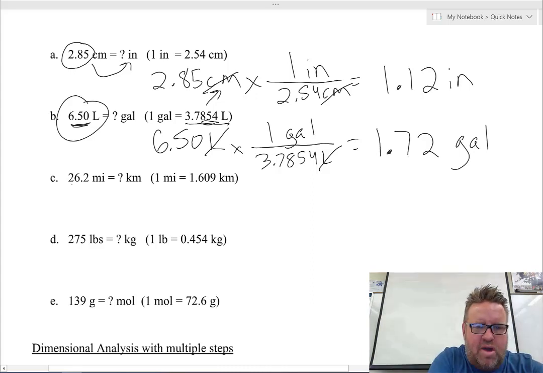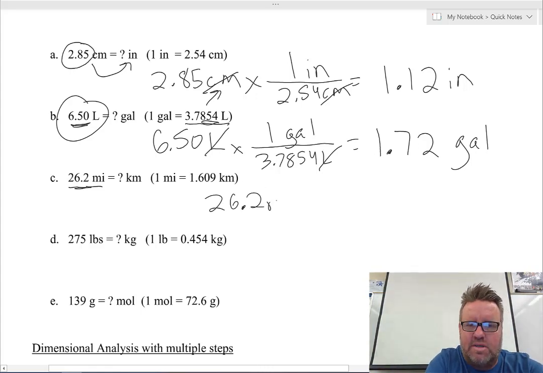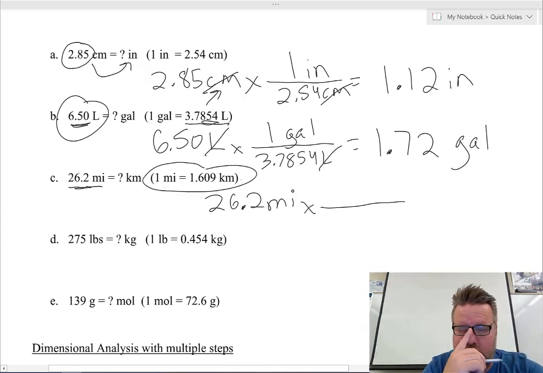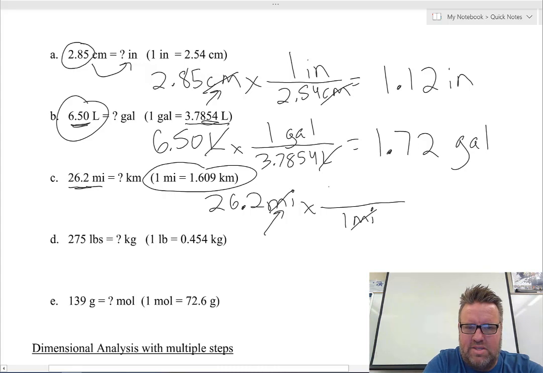Okay, a marathon, 26.2 miles, right? How far is a marathon in kilometers? That's what we're doing here. We're converting miles to kilometers. So here it tells us that 1 mile equals 1.609 kilometers. Since I have miles on the top, I have to put 1 mile on the bottom, and that way miles will cancel.